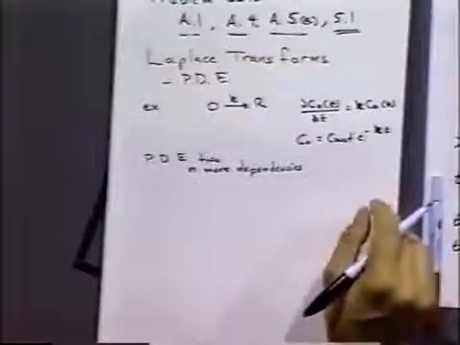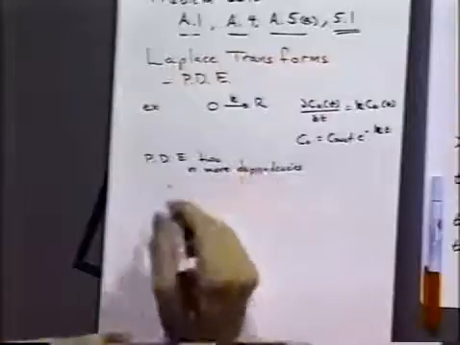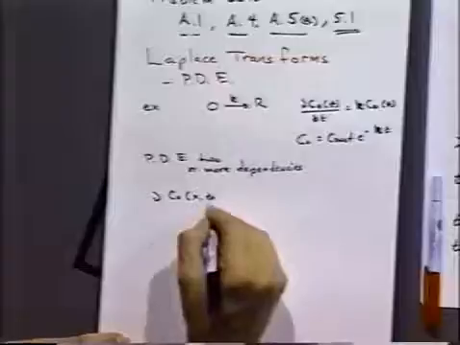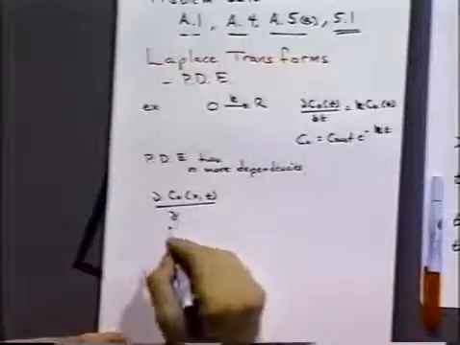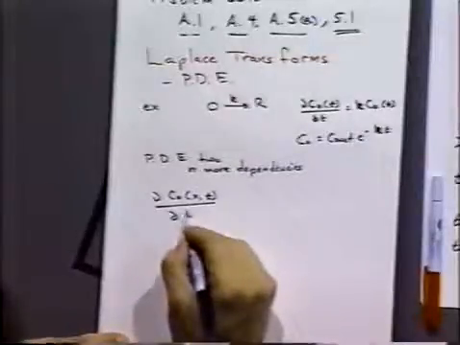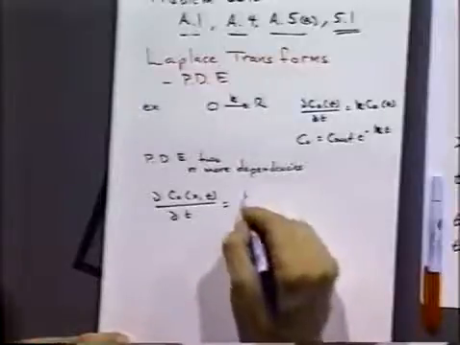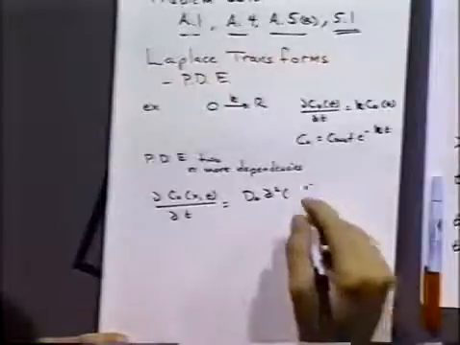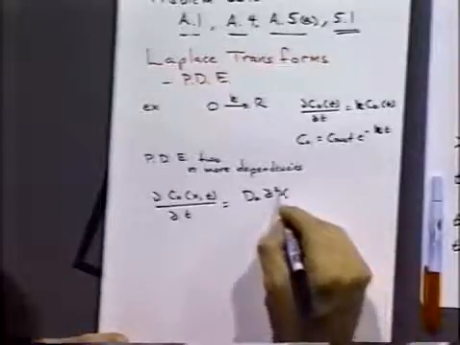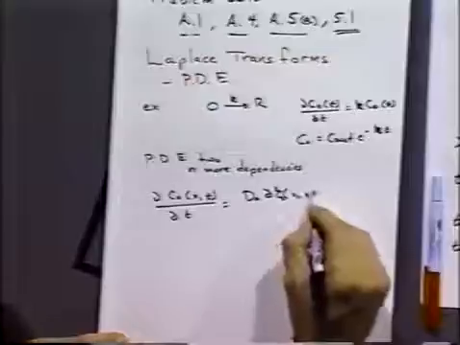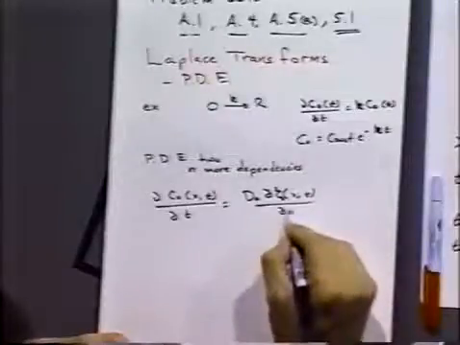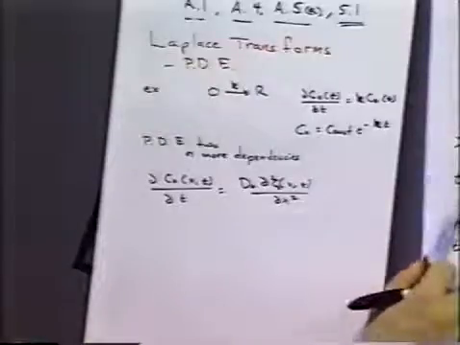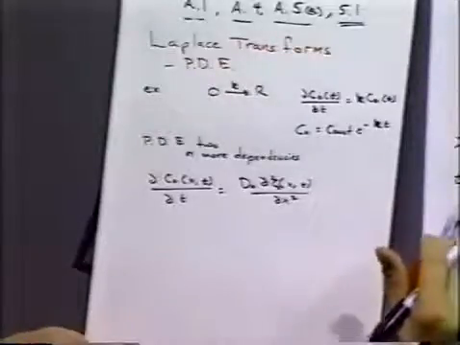For example, we have this equation for the concentration of O as a function of x and t, where dC_O/dt is a function of the second derivative of C_O(x,t) over dx squared. So here we have a partial differential equation with time and space in the system.